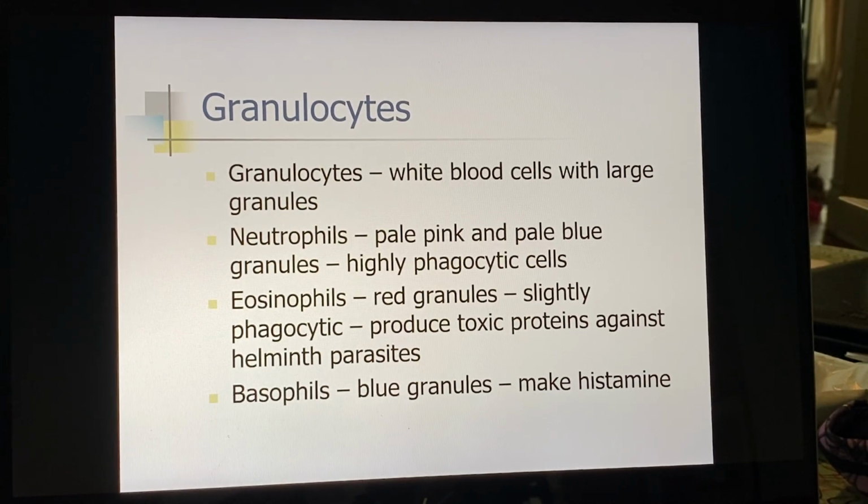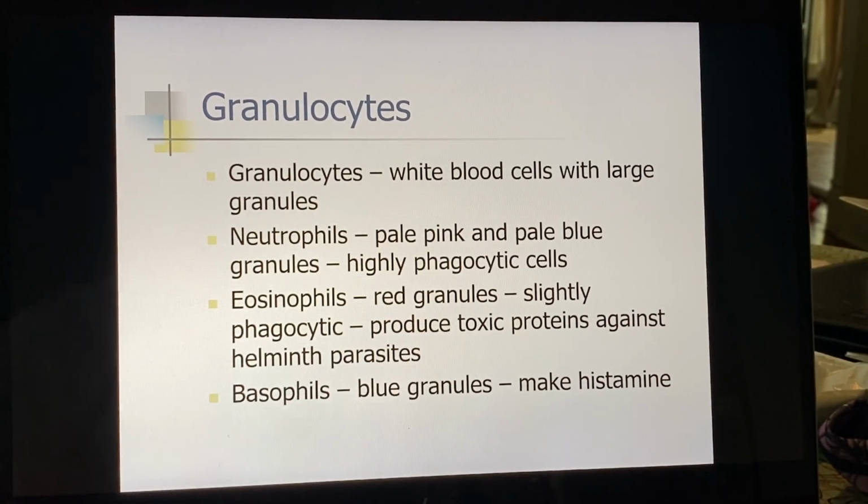And I'm just talking about what these cells basically do. So for the scope of this class, if I were to ask you what an increased eosinophil count tells you, the answer would be that the patient possibly has a parasitic worm infection.